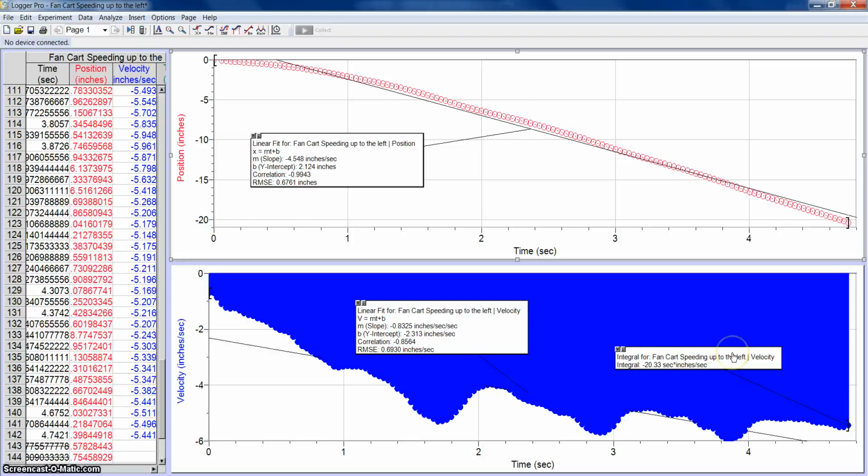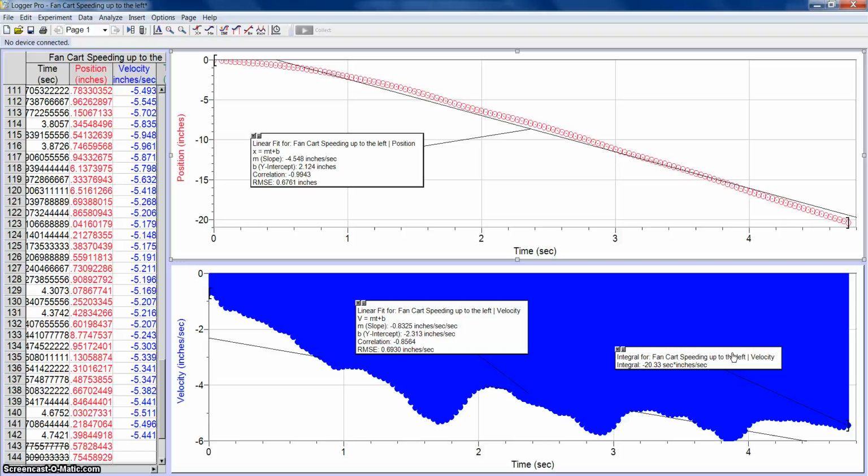We took the integral for this graph, which is basically the area underneath the curve, and for a velocity graph, that means the change in your position.